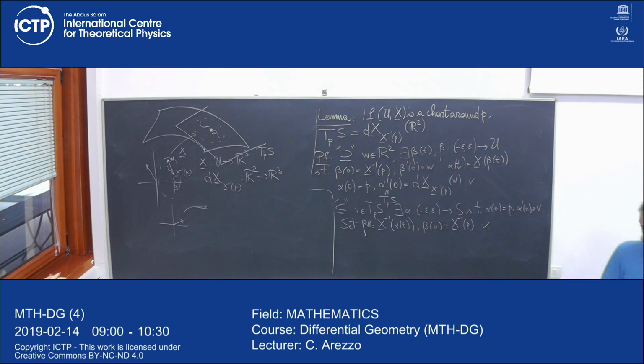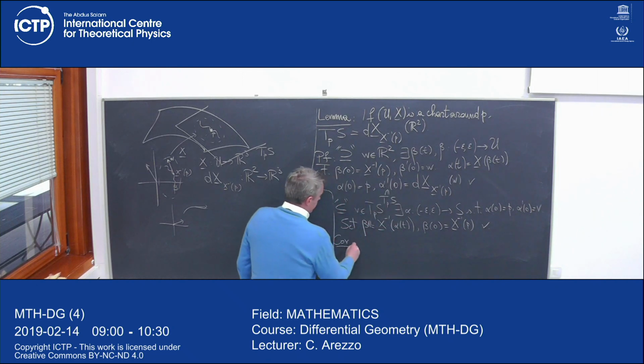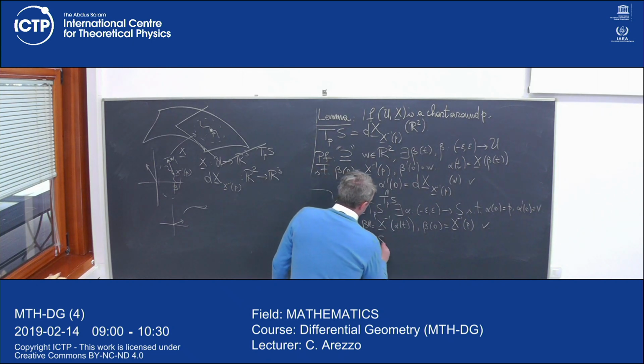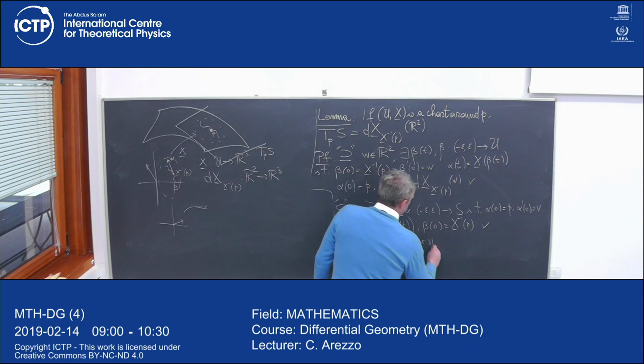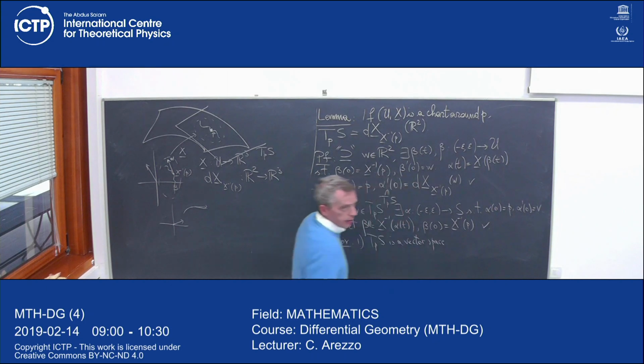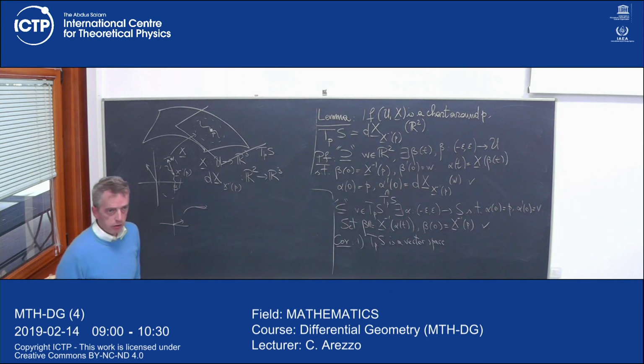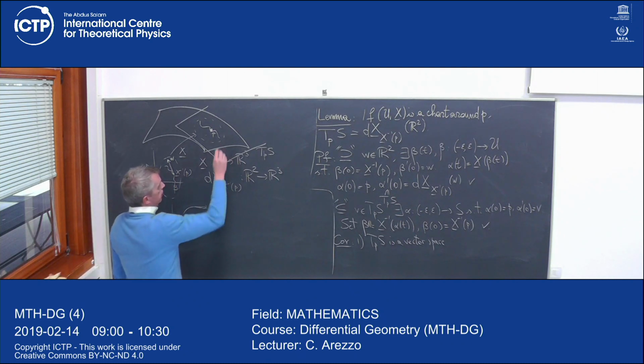So as I said, the main corollaries out of this are: 1, TPS has the structure of a vector space, which actually is highly non-trivial. I mean, think geometrically of the definition.